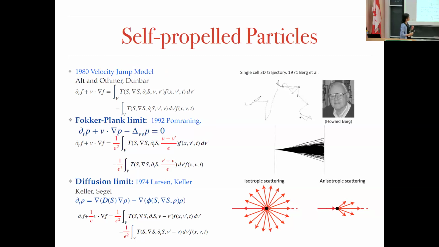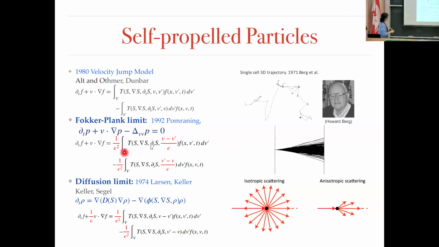One is called the Fokker-Planck limit, which describes the situation where the particle changes its movement direction only a little bit in each scattering, even though it changes direction all the time. It tumbles a lot, but in each tumble it changes direction only slightly. So this is a highly forward-peaked case.